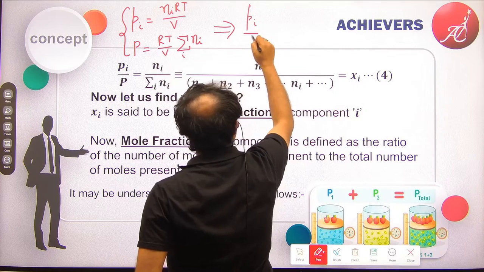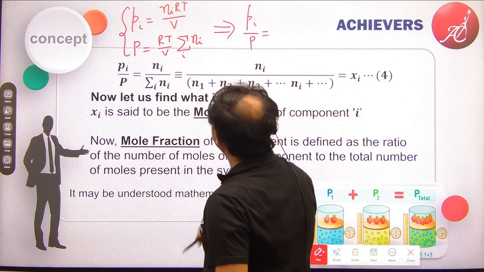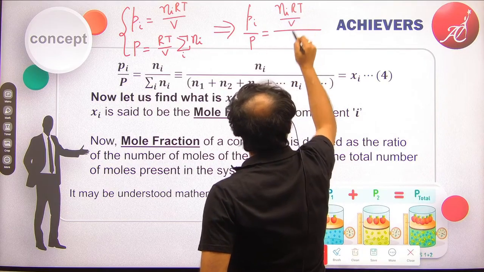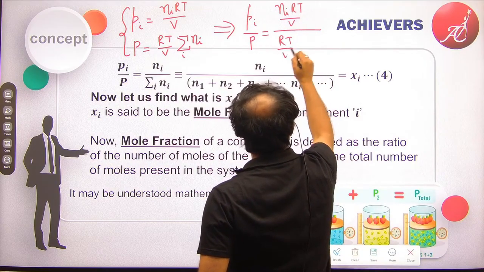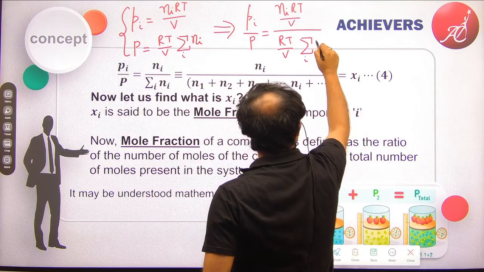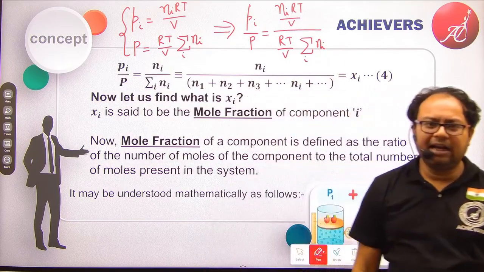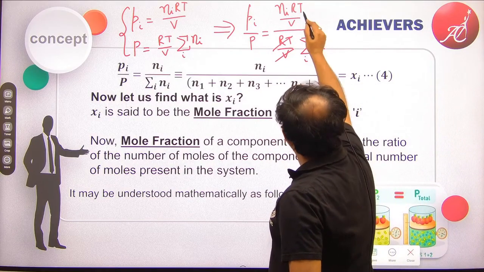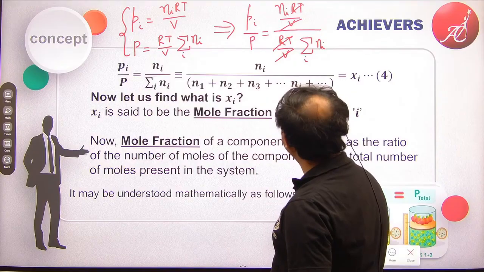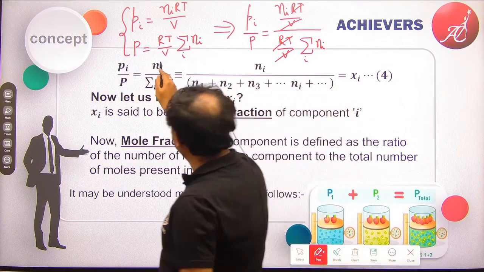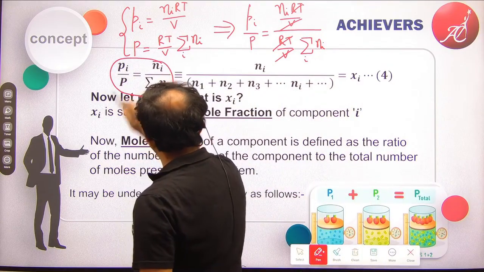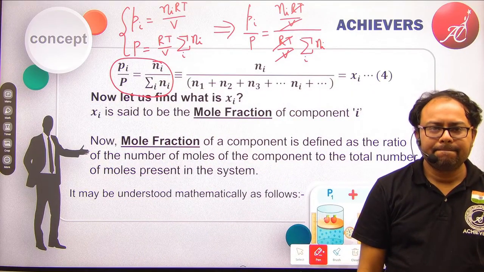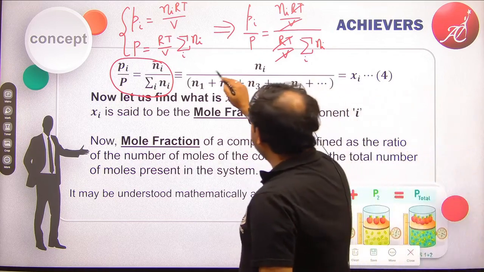Pi by P. If you divide these two, then Ni RT by V divided by RT by V multiplied by summation over Ni. You are dividing Pi by P. This RT by V will cancel out. So you are getting Pi by P to be equal to Ni by summation over Ni. Ni remains as it is.